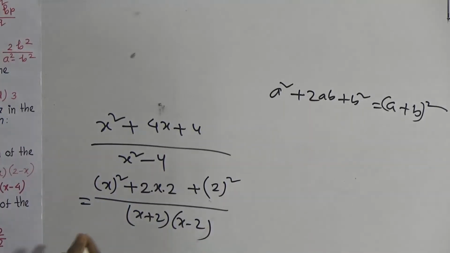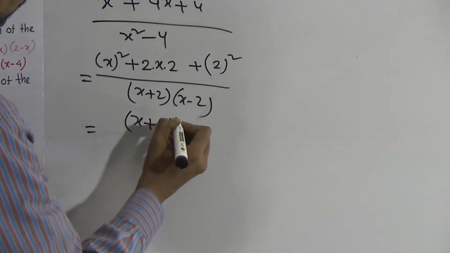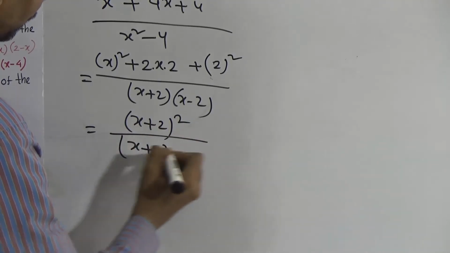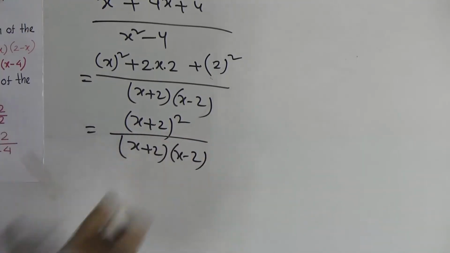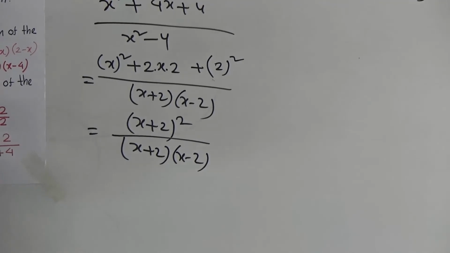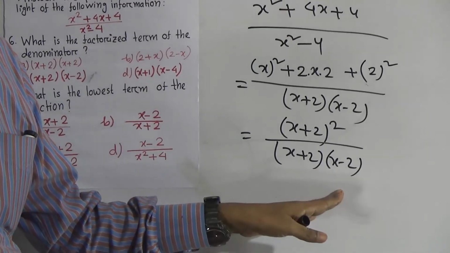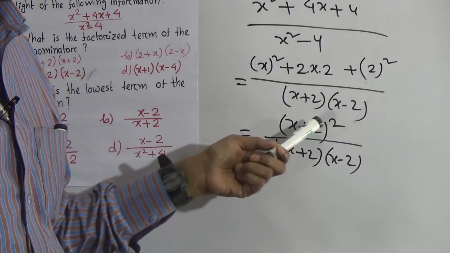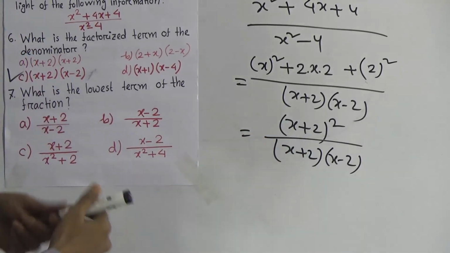So we can write x plus 2 whole square, and the denominator, which we got in question 6, is x plus 2 into x minus 2. You see x plus 2 here, how many times? Two.